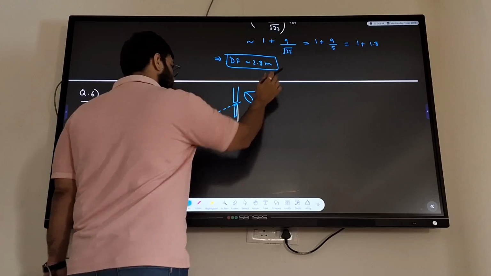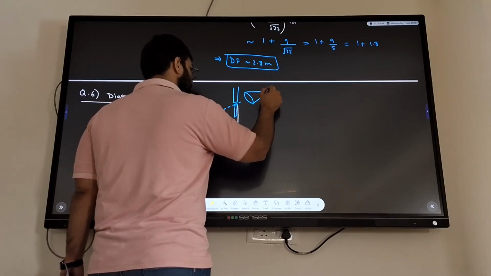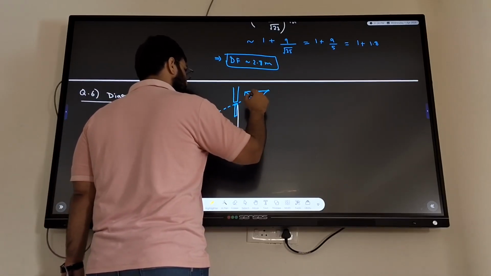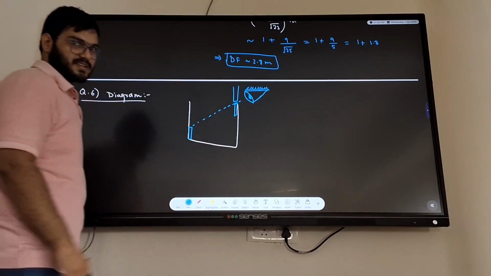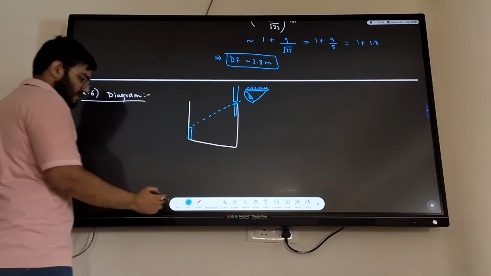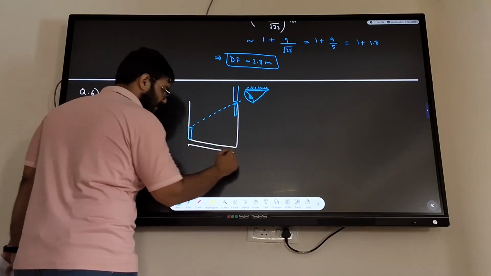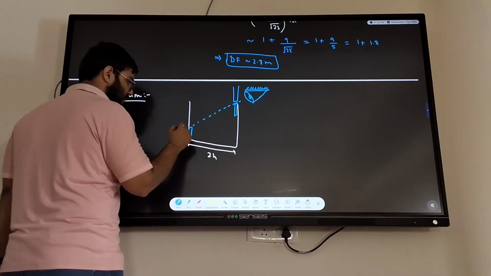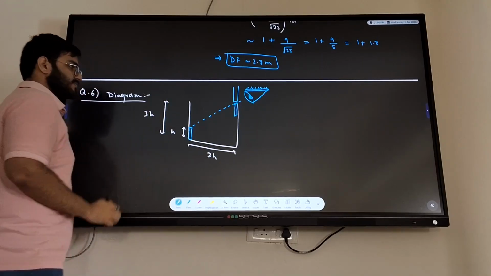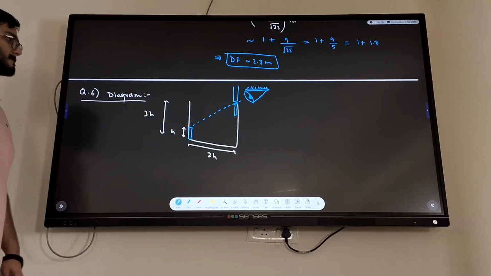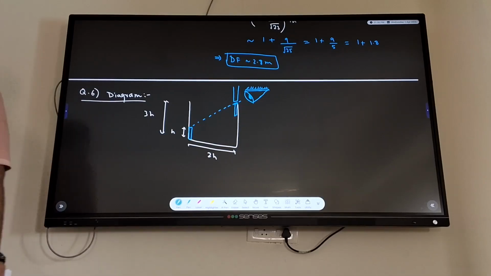With eyelashes, obviously. Then this length is given to be 2h. This is h, and the whole thing is 3h.